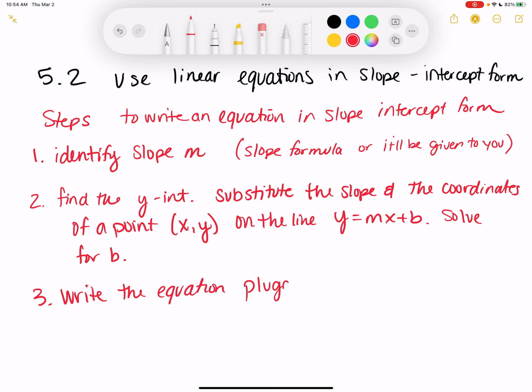Plugging m and b into y equals mx plus b.